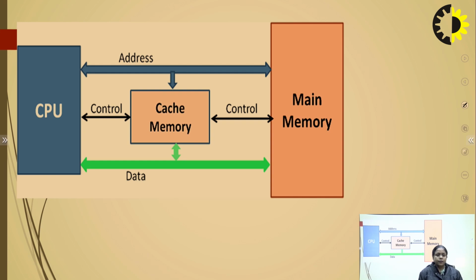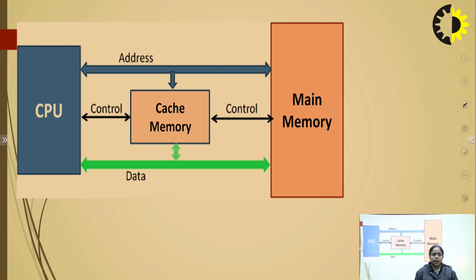So we keep all the data which is recently executed in the cache memory. With this arrangement, the speed of our program execution will increase. Fine. So this is the use of cache memory.